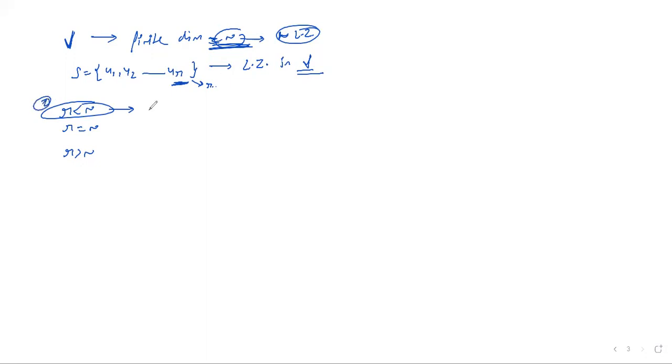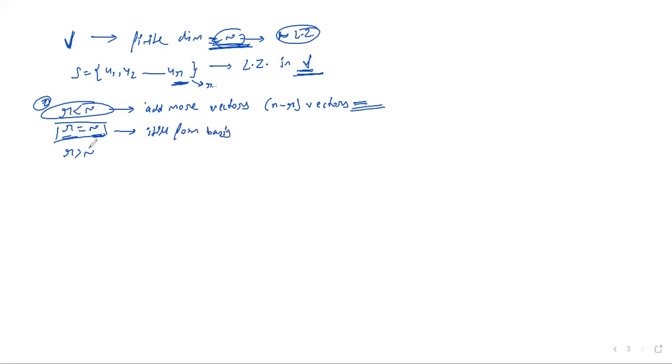So we have to add n minus r vectors, because to form a basis we should have n linearly independent vectors. When r equals n, then it will form the basis. There is no contradiction here.